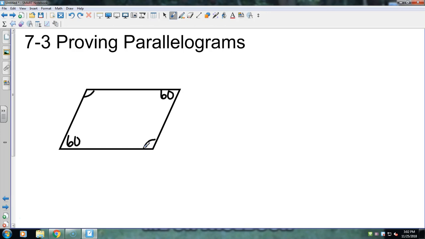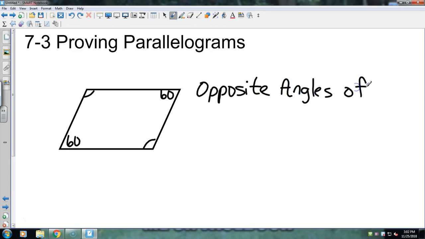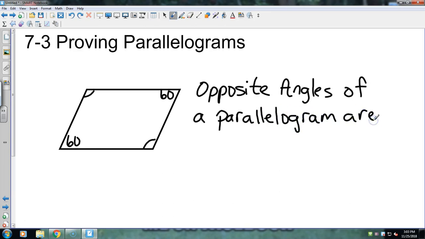So the proof in this, or the statement that would prove this, is: opposite angles of a parallelogram are congruent.